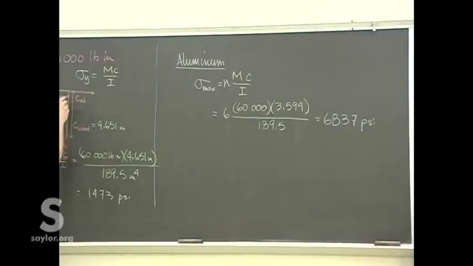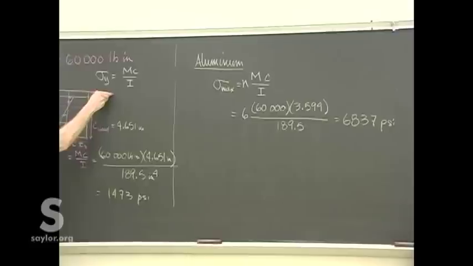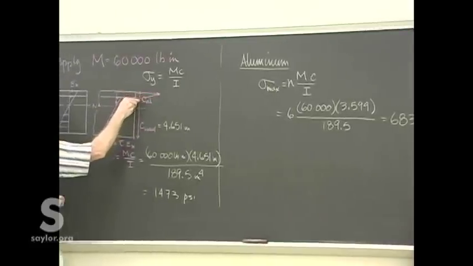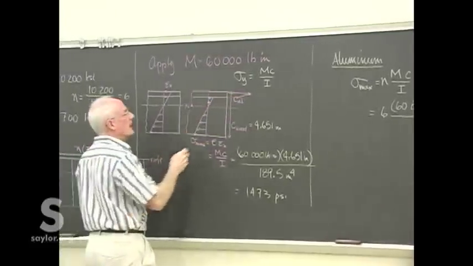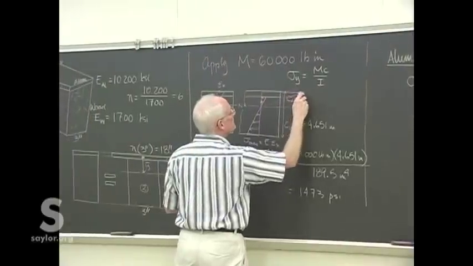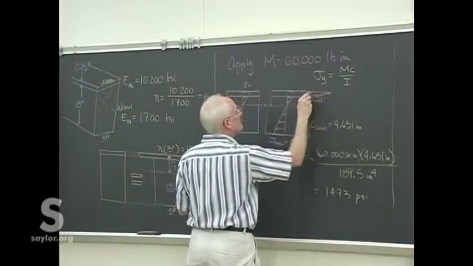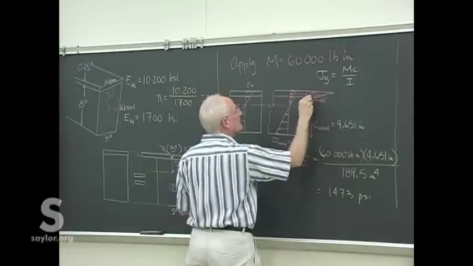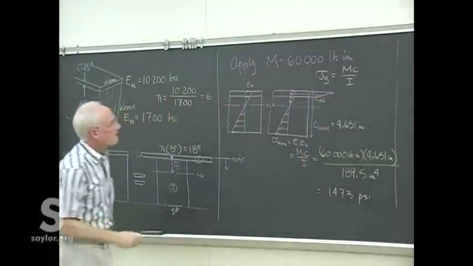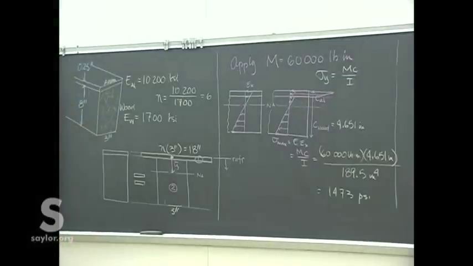And that's now linear all the way back to the neutral axis. So that's like that. A little hard to draw.